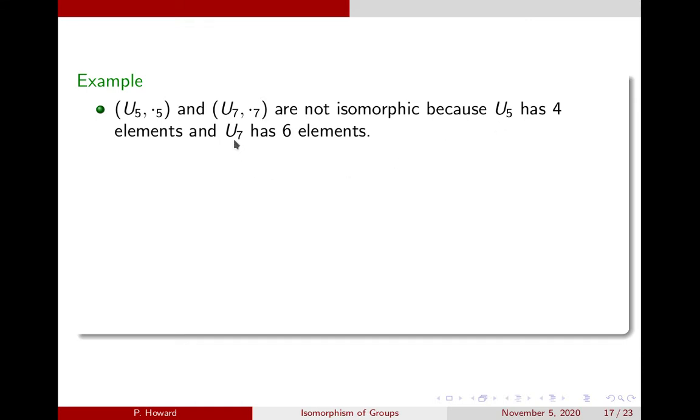And U sub 7 has 6 elements, the integers 1 through 6. In other words, the number of elements of U sub 5 is not equal to the number of elements of U sub 7. They would have to be equal if the two groups were isomorphic.